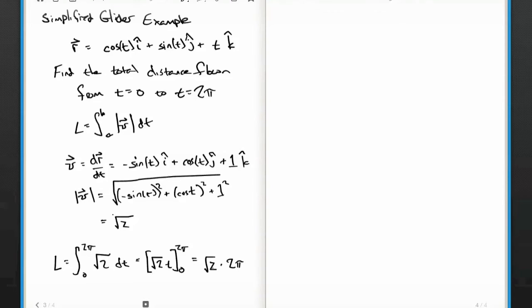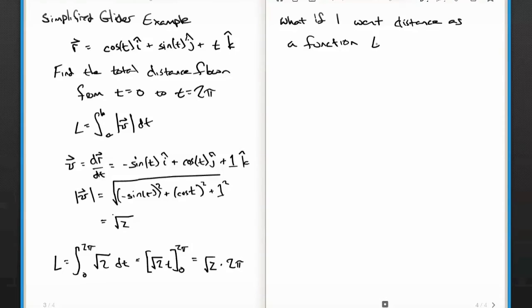But what if I didn't want to go through this every time? What if I just wanted flight distance directly as a function of t, right?